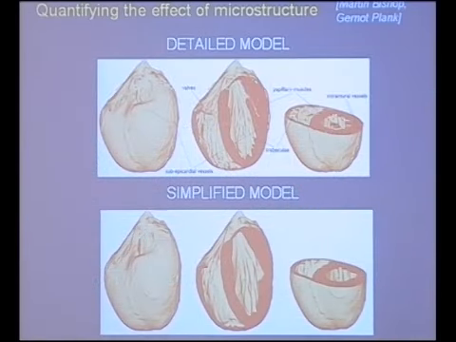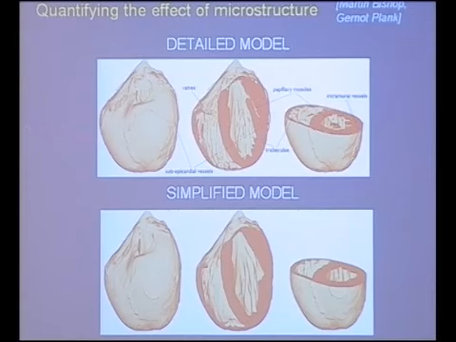And we define the fiber orientation in the papillary muscles as parallel to the main axis. And this is the important bit. So we get this detailed model using all the information that we have in the images.